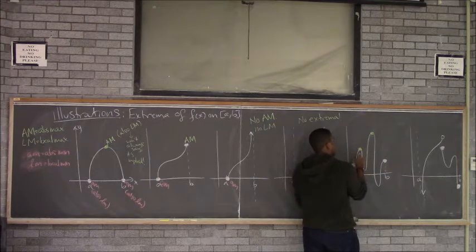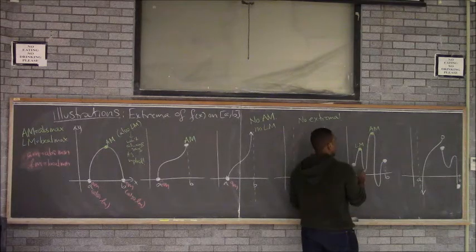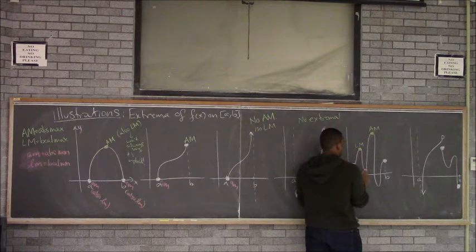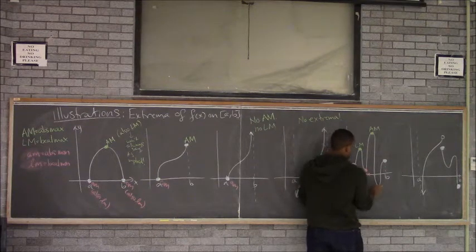What kind of maximum is this? Local max. Absolute max. This? Local minimum. So this is local minimum. This? Absolute max. Absolute minimum.